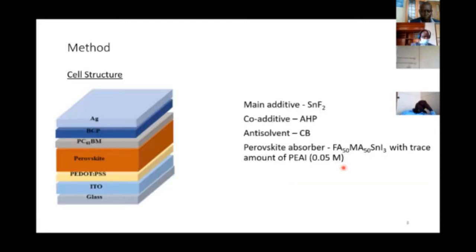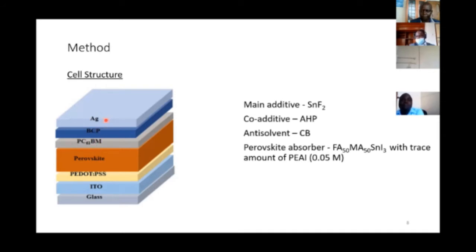Now, this is just another example of what happens if we introduce a co-additive with the normal additives used. Now, this is what we did. We used the PIN structure where our hole transporting media is PEDOT. Then we had the electron transporting media, which is PCBM, and then you have BCP, which is just creating some ohmic contact between the PCBM and Ag.